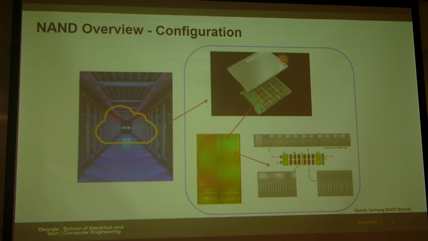This is one package, and this is one NAND chip. This area is called the peripheral circuit, and this area is the memory cell array. If you look into this array, the memory cells have a NAND type configuration, so we call it NAND Flash.